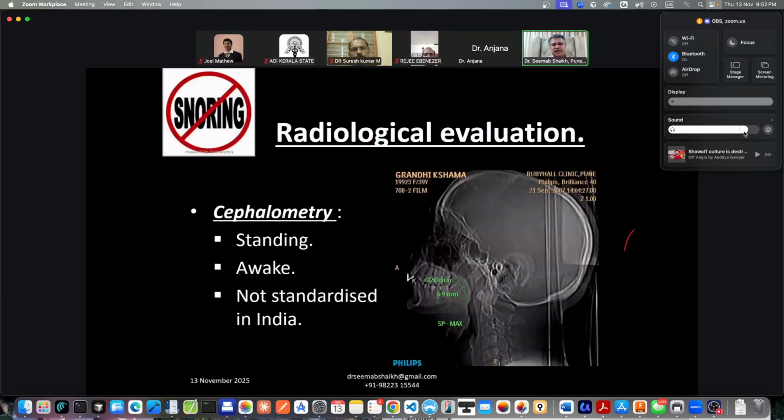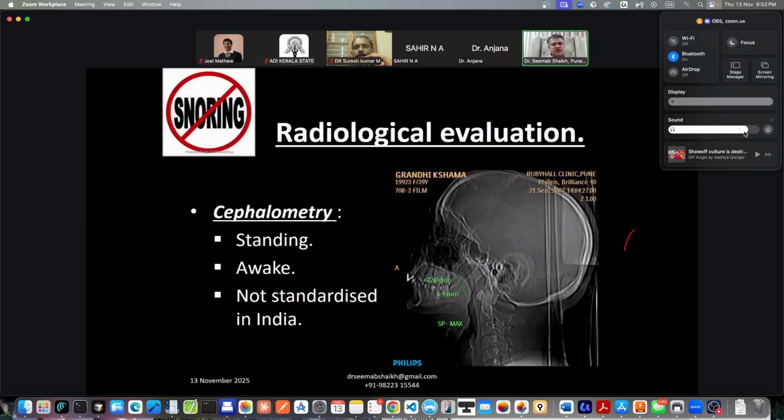Amongst the radiological examinations, once upon a time, cephalometry was done in those days. And I say once upon a time because we don't really use it nowadays for two simple reasons. One is that it's a static evaluation happening in a sitting or a standing posture, whereas OSA is a situation which is to be dealt with at night, in a supine position and a dynamic evaluation, not just in a static position.